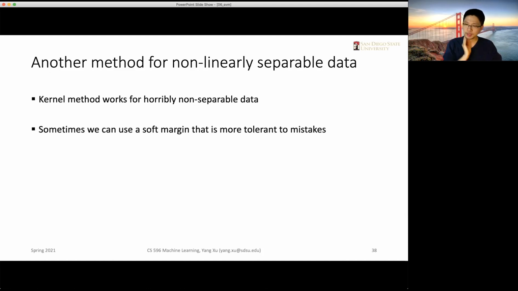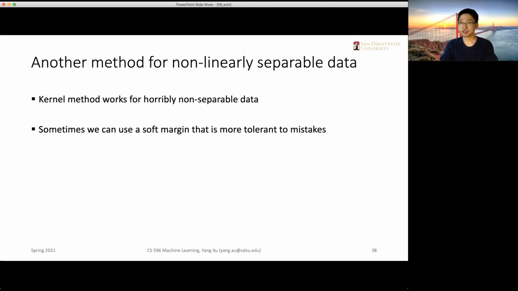So this kernel method sometimes becomes just too expensive if we don't have that many non-linearly separable data, because the kernel method actually works better only for data that looks purely non-linearly distributed. But sometimes we can use soft margin to tolerate these mistakes.